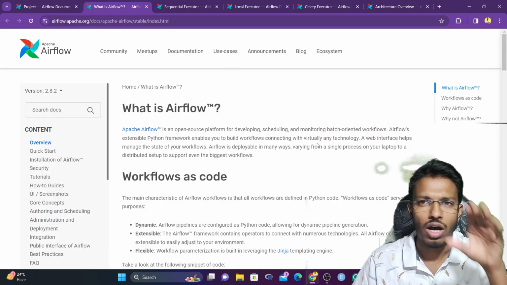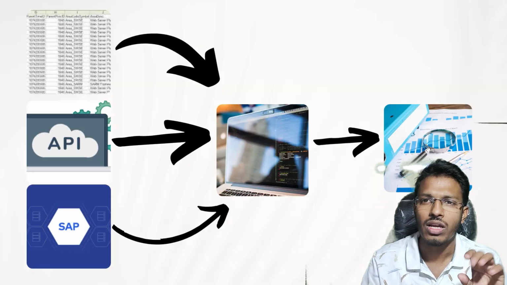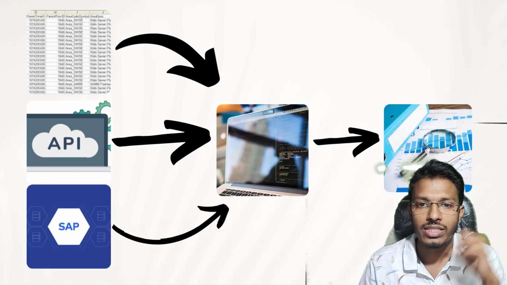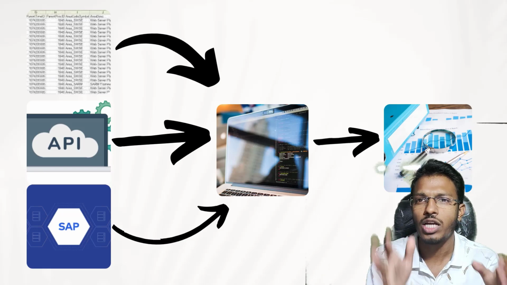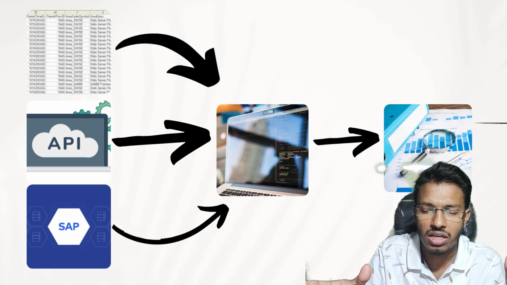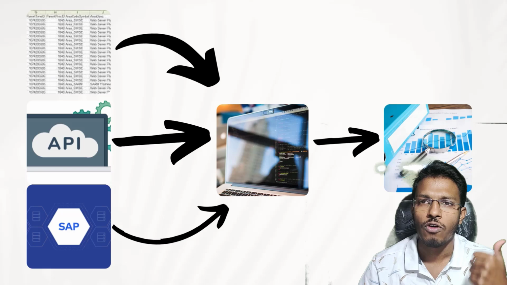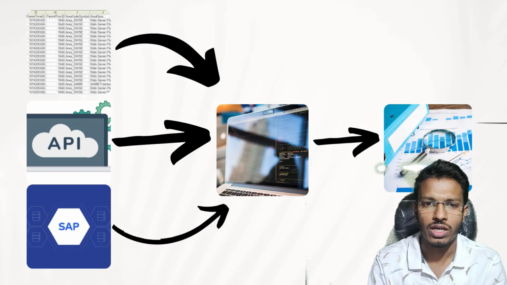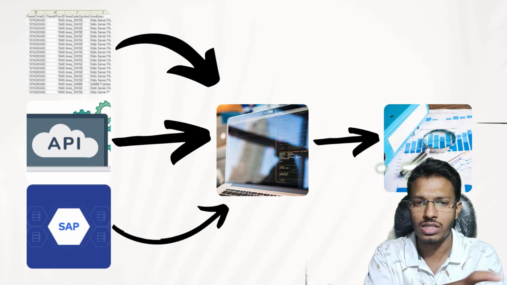Or you can understand it like this: the first task is loading data from a source, let's say a CSV file. The second task might be loading data from an API. The third task might be loading data from your SAP data. The fourth task is transforming the data. The fifth task is storing it somewhere. The sixth task is provisioning the data. Like this, all the pipelines are defined.